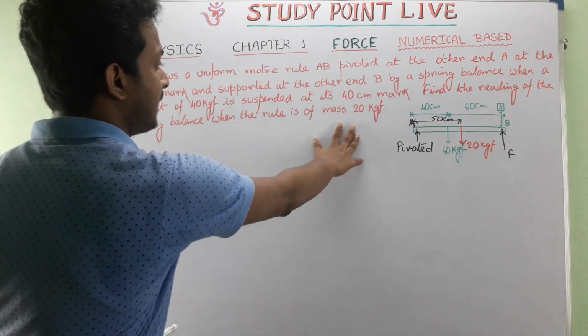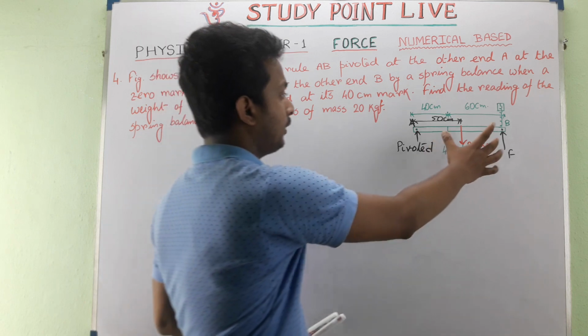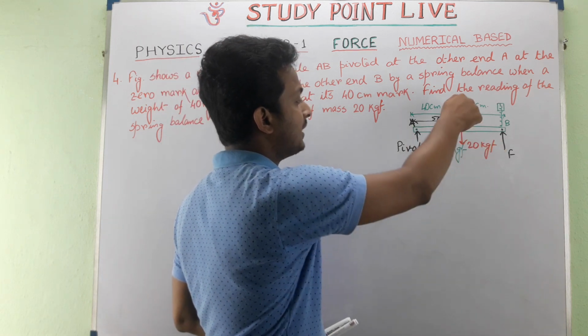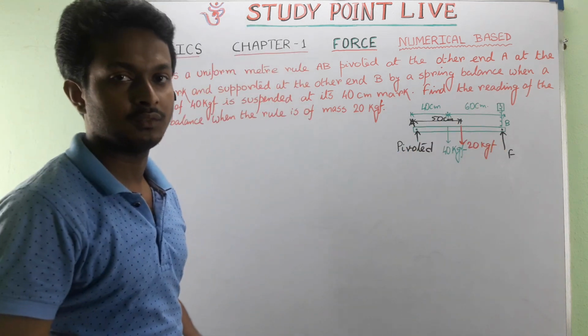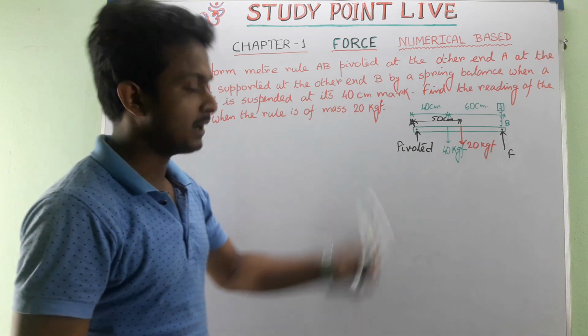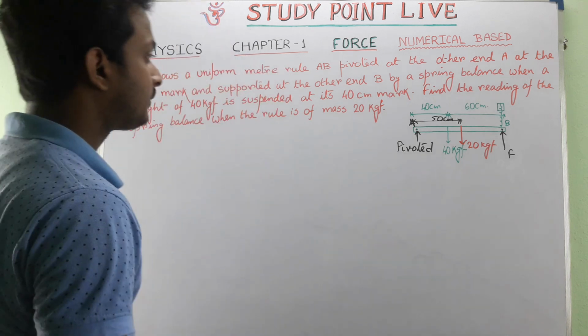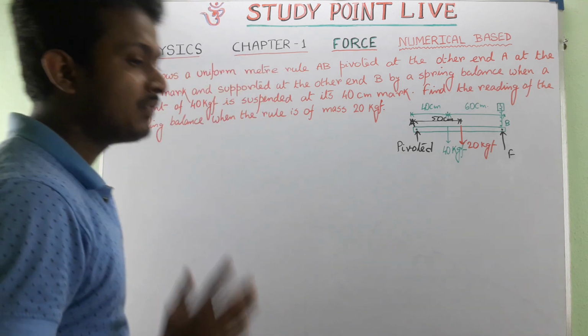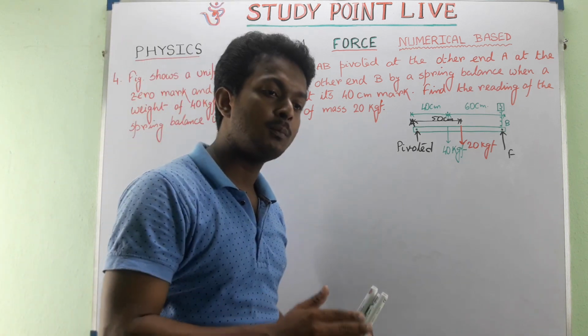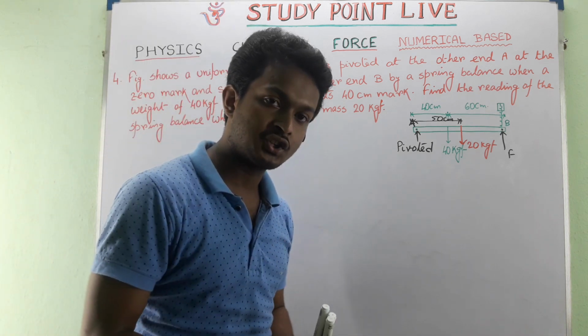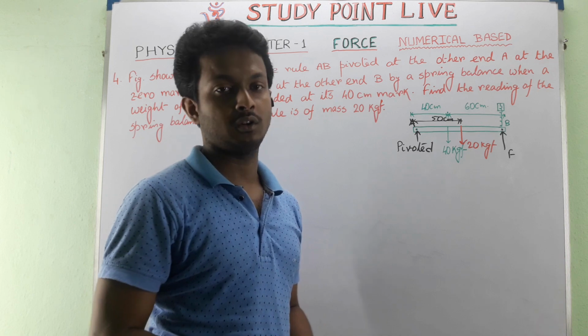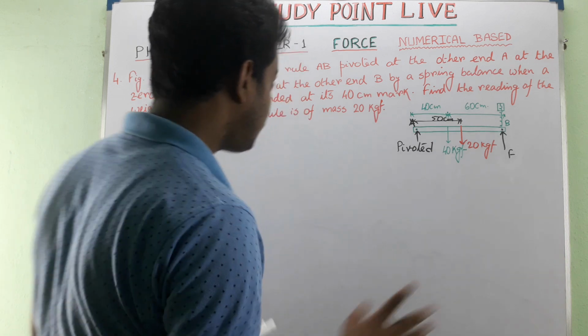Okay, as the mass is 20 kgf, the weight of a uniform material always acts from the middle of the length of the bar. Now, as we have already done, for the equilibrium condition, the total clockwise rotation will be equal to the total anti-clockwise rotation.